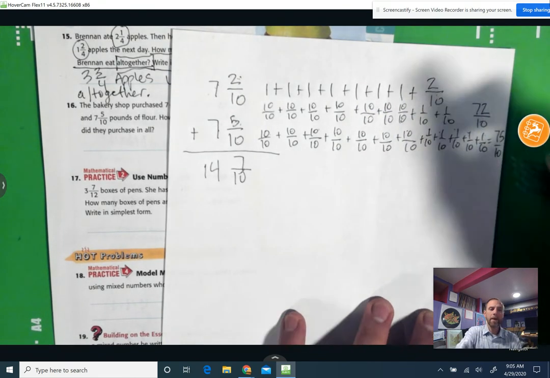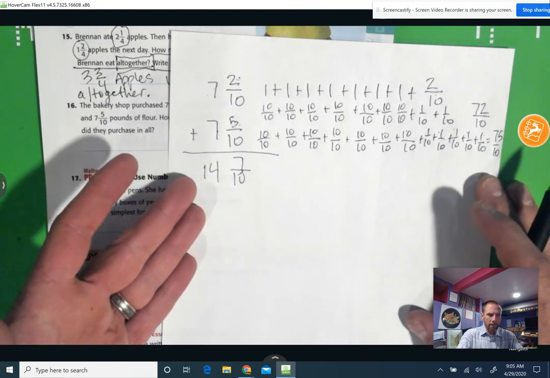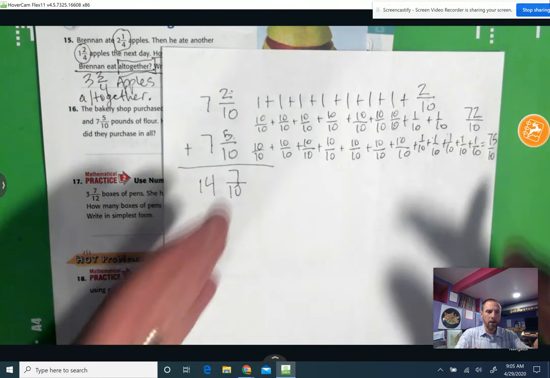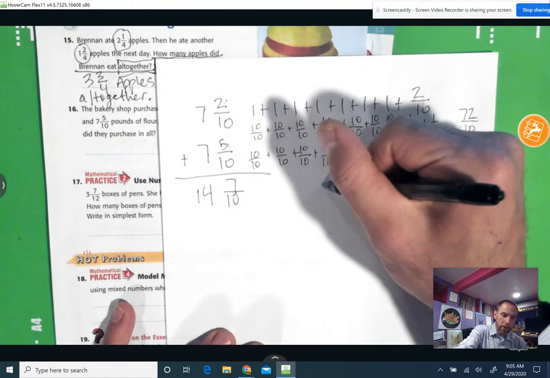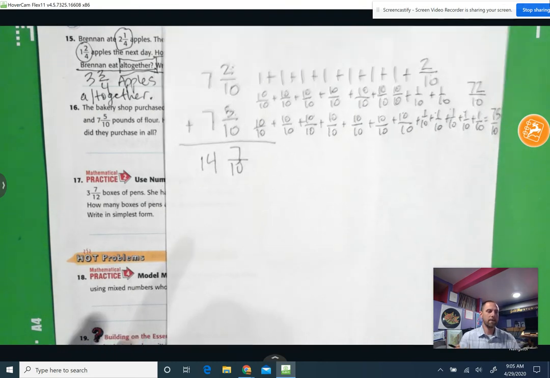Okay? Now, you would draw a picture of this to represent the layout of all of your tenths, right? This is going to be a long list of tenths all the way down, okay?